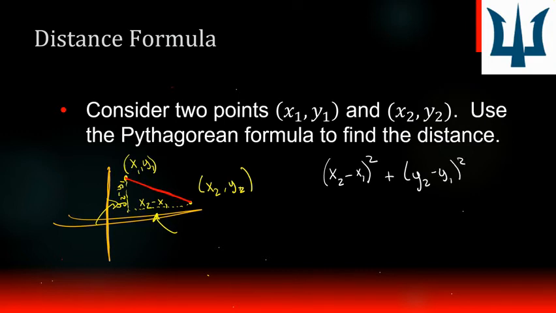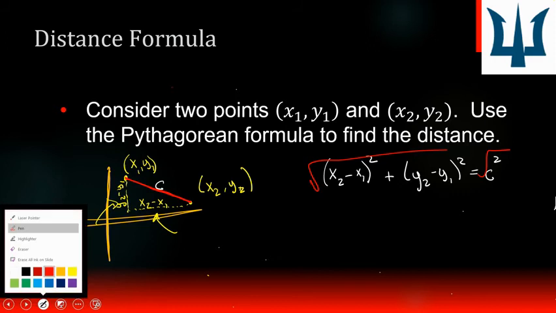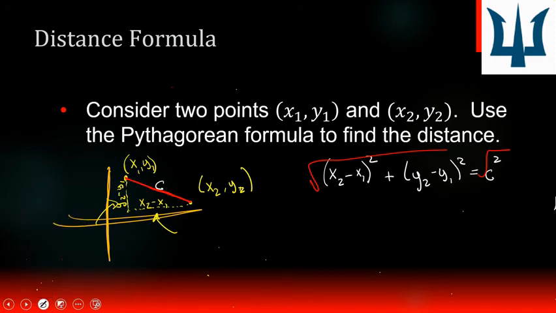That's why our order of x and y doesn't matter, because when we square it, it becomes positive, and that's going to equal c squared. In order to find the distance, we want c, not c squared, so I'm going to take the square root of both sides. And when I square root both sides, that's going to end up giving me my formula.